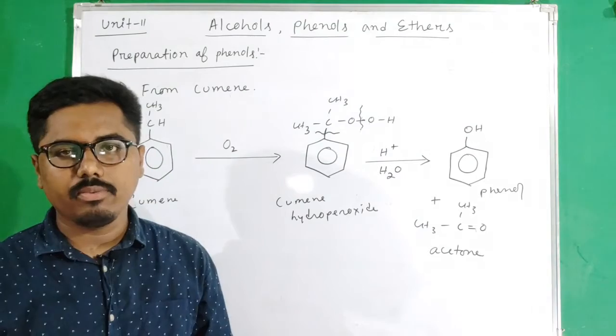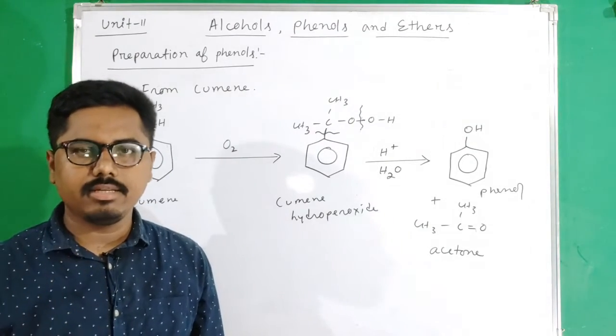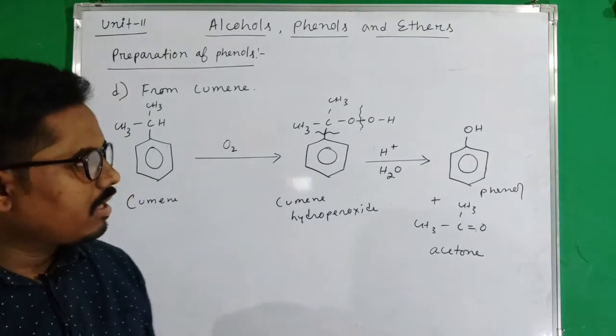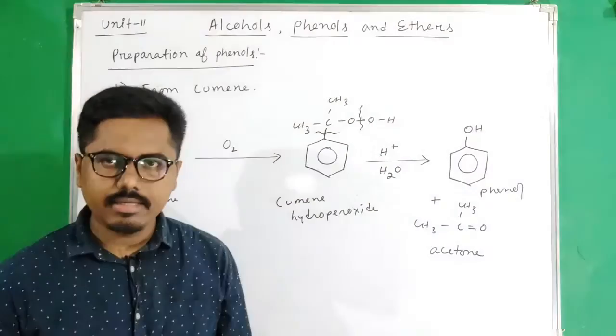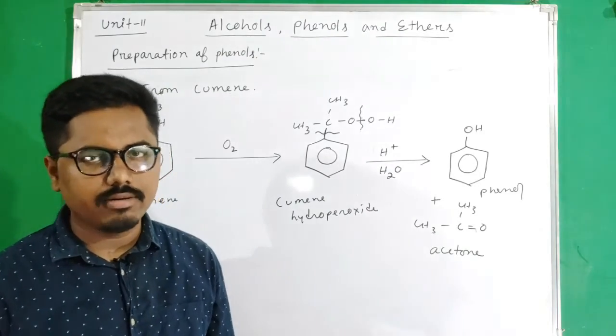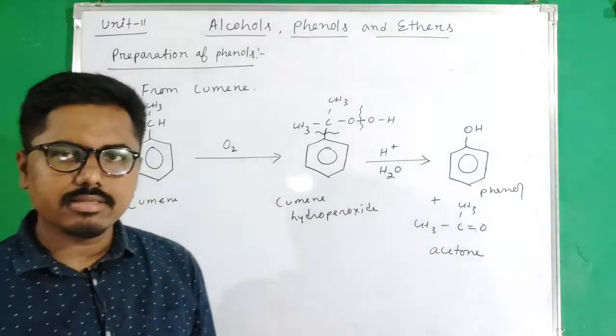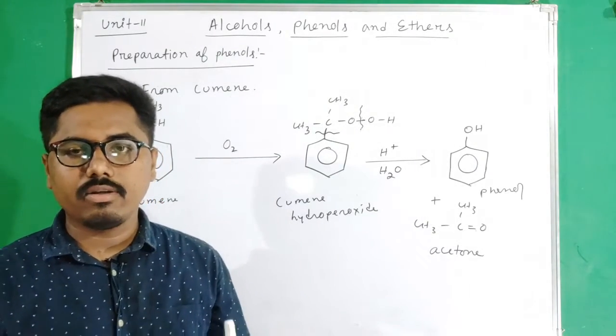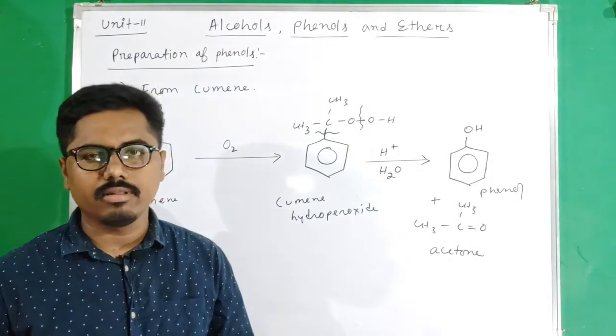So in first method we have converted benzene into benzene sulfonic acid, okay, and after that on treating benzene sulfonic acid with sodium hydroxide followed by hydrolysis, the final product is phenol, okay, and then we have converted chlorobenzene into phenol.